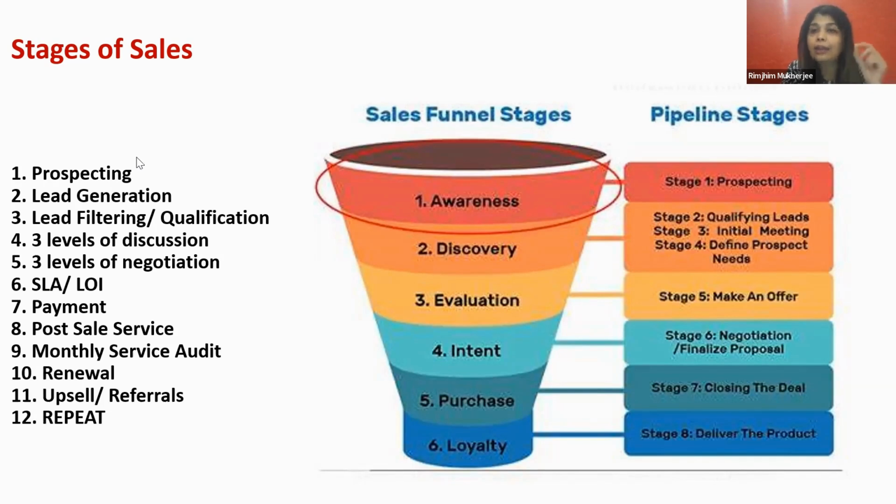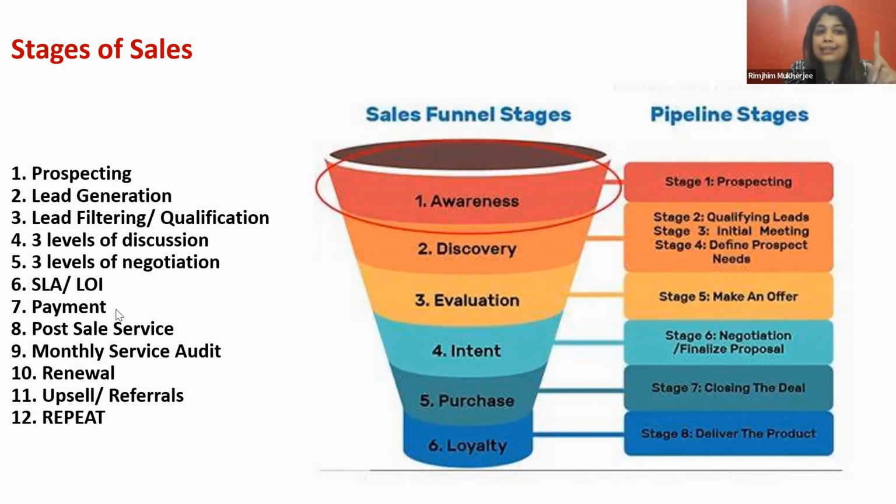Typically, 9 out of 10 people consider point number 1 to point number 7 as the sales cycle. Ideally, there is that one person out of 10 who considers this entire 1 to 12 as the sales cycle, because that's the phenomenal sales guy who stands out apart from the others.